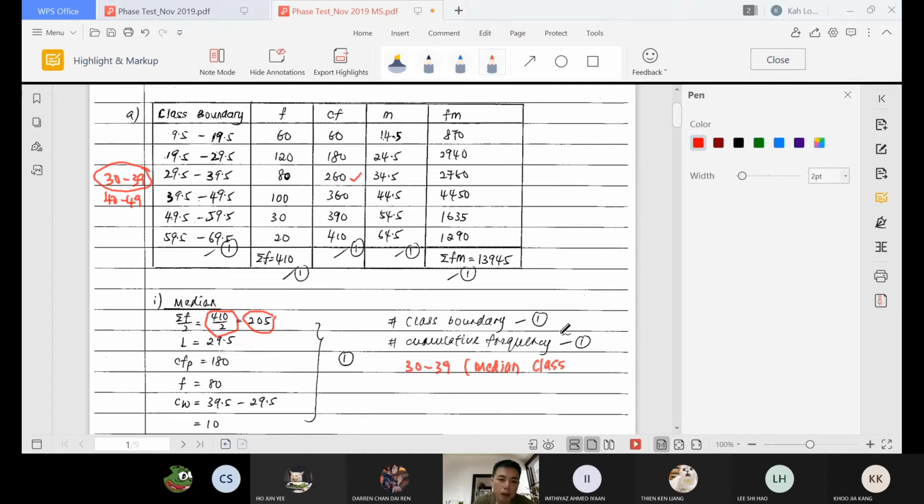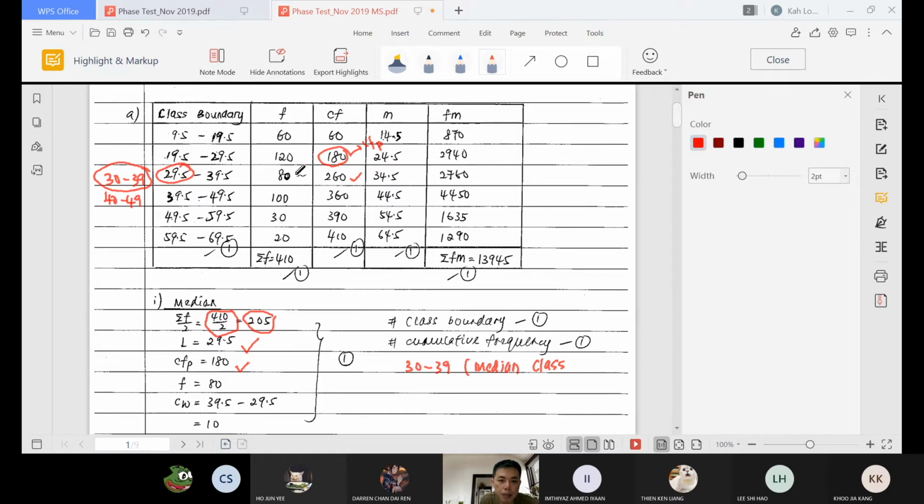Now you have to list down the median lower boundary, then CFP. Lower boundary is 29.5. Cumulative frequency prior to the median class is 180. This is the CFP.